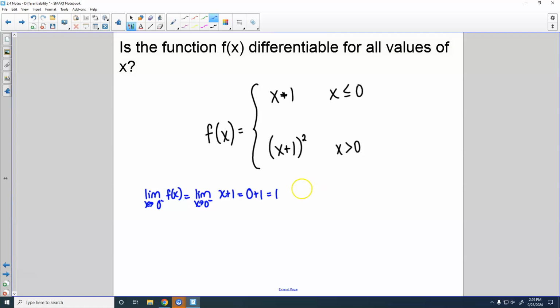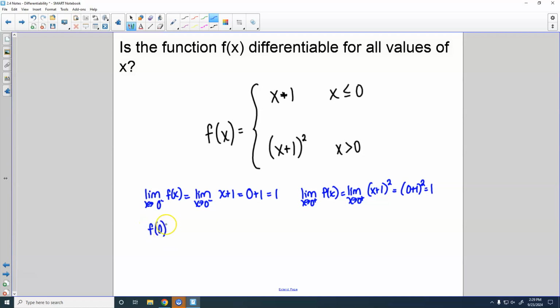Okay. The limit as x approaches 0 from the right of f of x is going to be the limit as x approaches 0 from the right of x plus 1 squared, which is going to be 0 plus 1 squared, which also equals 1. It's looking pretty good so far. What's that third thing I've got to check? f of 0.